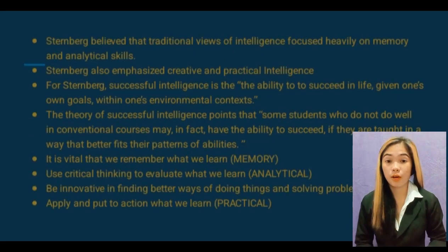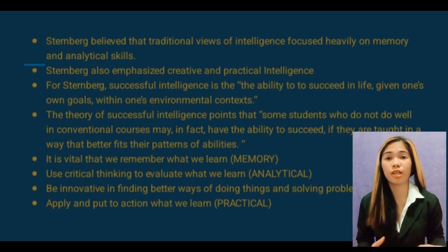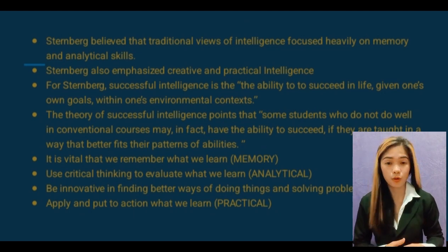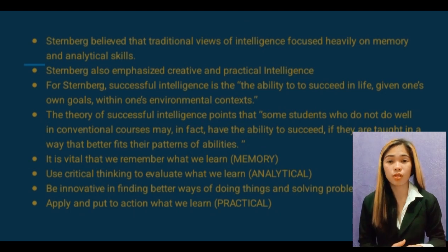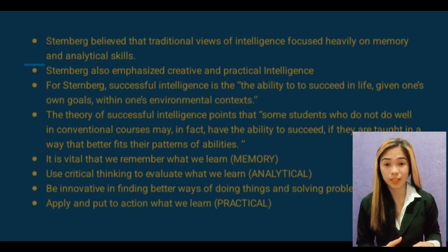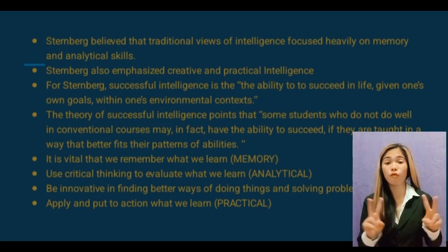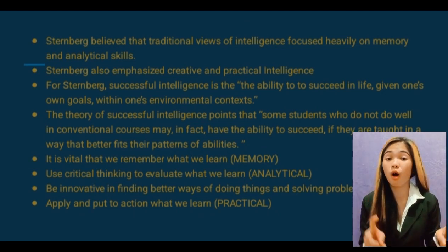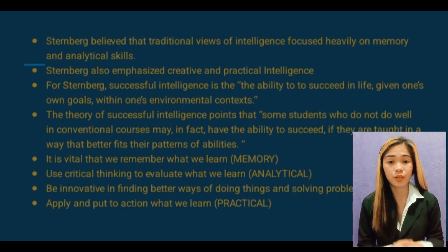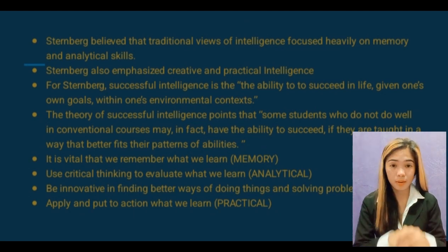Okay, so now first let's read this because this is really important. Sternberg believed that traditional views of intelligence focused heavily on memory and analytical skills. He also emphasized creative and practical intelligence because these 4 skills that he mentioned in his theory are all connected, and they are really important factors to be successful.